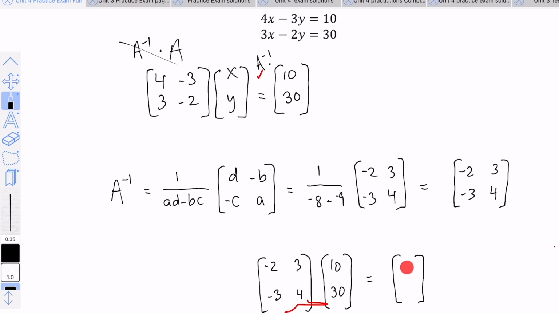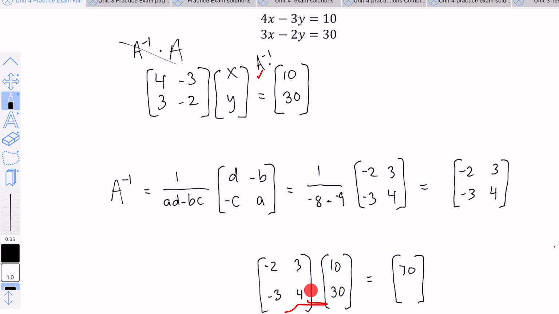This top entry is row 1, column 1, so I need row 1, column 1. It's going to make -20 from those two values, and then 3 times 30 is 90, so -20 plus 90 is 70. And then this entry is row 2, column 1, so I have row 2, column 1. So this is going to make -30 times 10 is -30, and then this is 120.